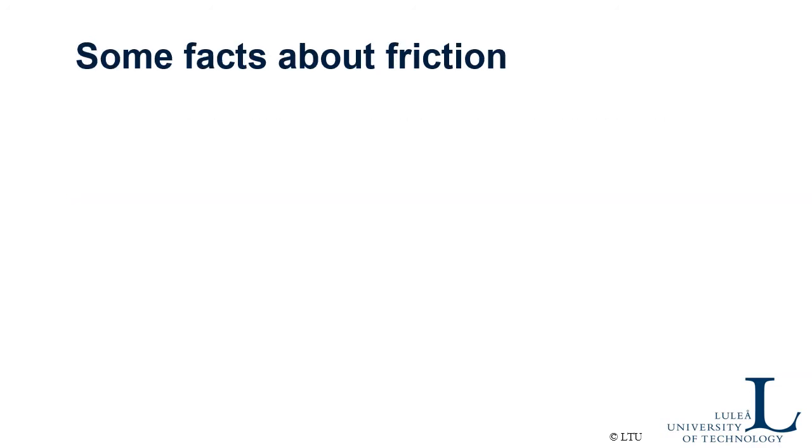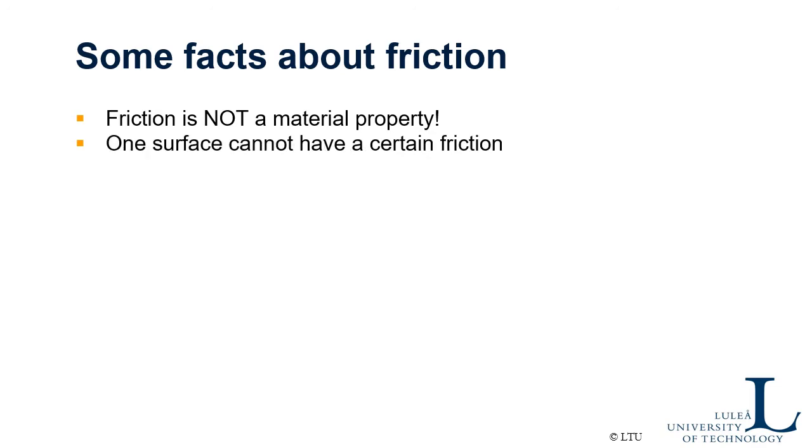Now I will say a few words about what is true about friction. First of all, friction is not a material property. Remember that. It's a system response, it's not a material property. So that means that one surface cannot have a certain friction level.